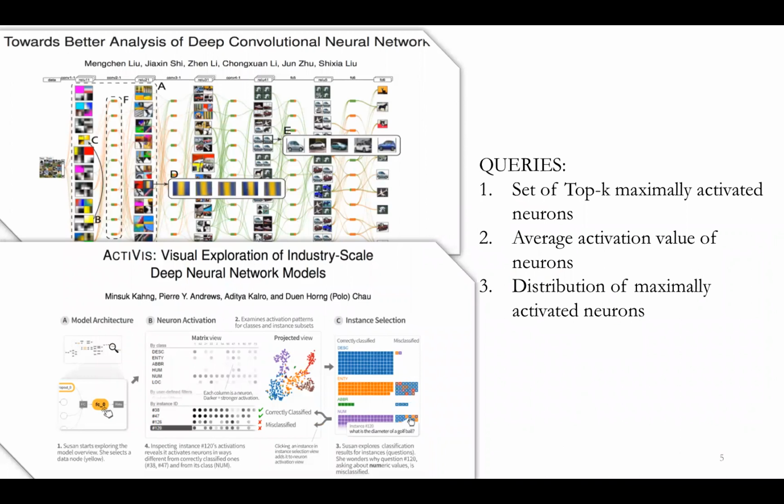We look at the methods that involve generating internal representations of the data. A study of the model diagnosis queries from literature shows that these queries look for one of three entities: the top K maximally activated neurons, average activation values, or the distribution of maximally activated neurons.